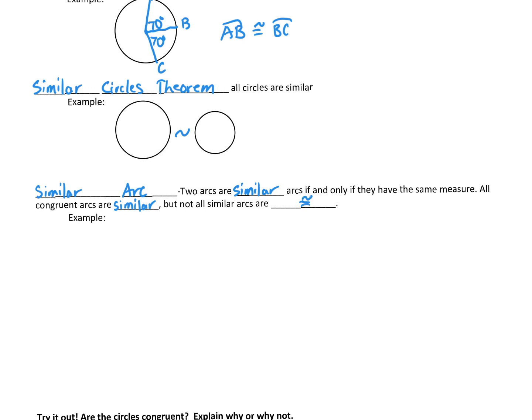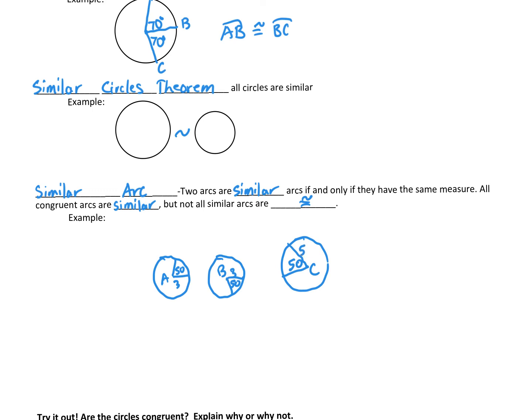So let me show you what that means. If I had two circles that had the same radius, and then I had a way bigger circle, and let's say they all have 50 degrees, we'll call this circle A and B and C. This one has 3 and 3, and this one has 5.